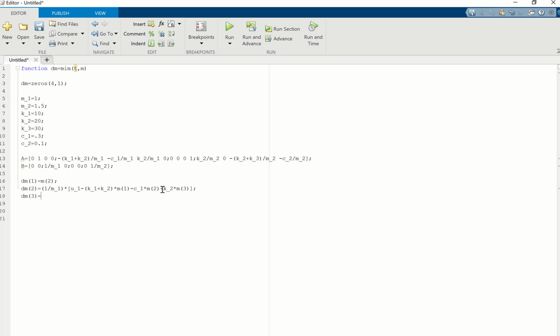So dm3 is equal to m4. I'm writing like this because I'm going to be consistent with the notes that I developed for you. This is for teaching purposes. For research, I never do that.